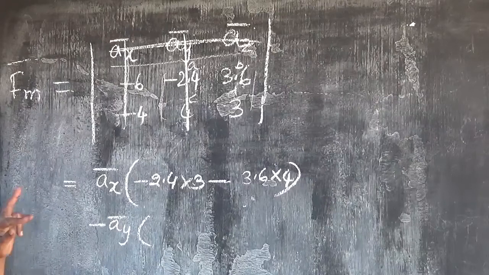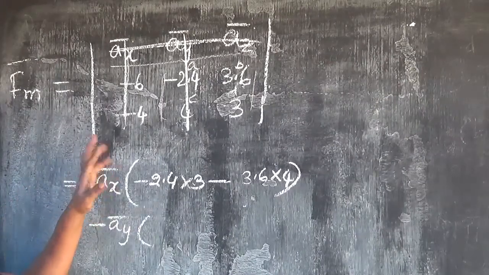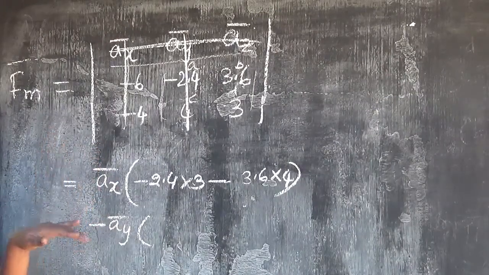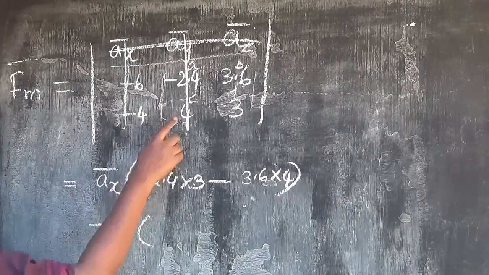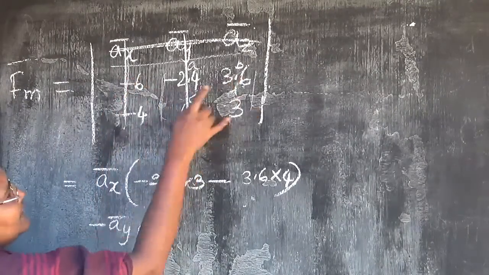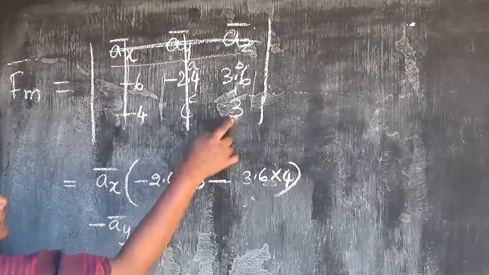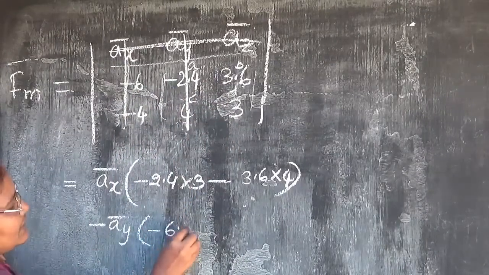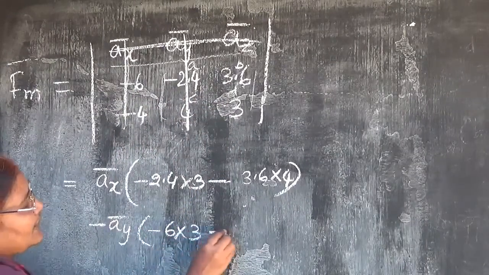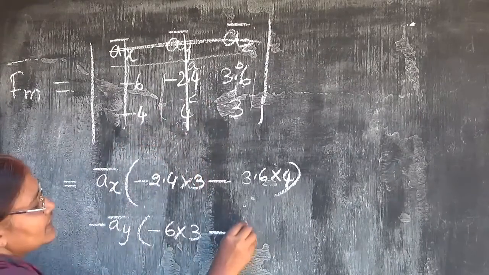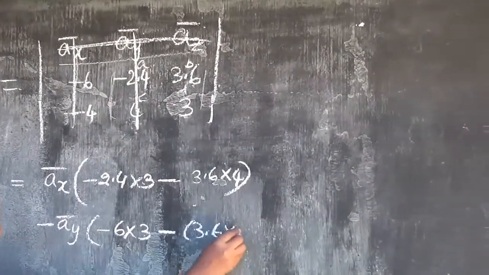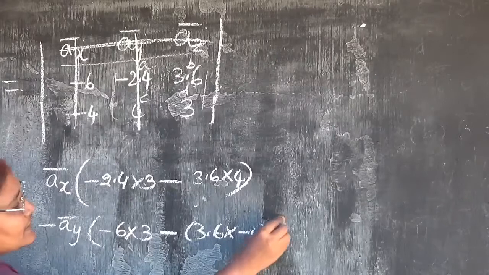The column and row to which Ay bar belongs should be deleted. Here A, B, C, D. So AD, minus 6 into 3, minus BC, 3.6 into minus 4. That we have to write.